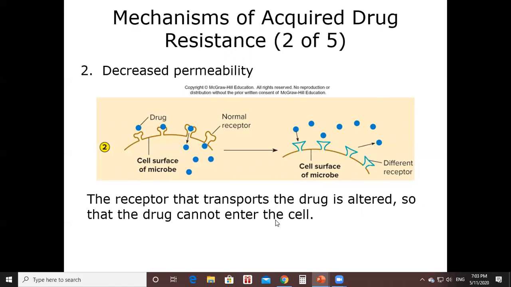So then you have decreased permeability. This is a normal cell with receptors, and the drug comes in and gets into the cell. Well, sometimes bacteria actually learn how to reject that drug coming into the cell.